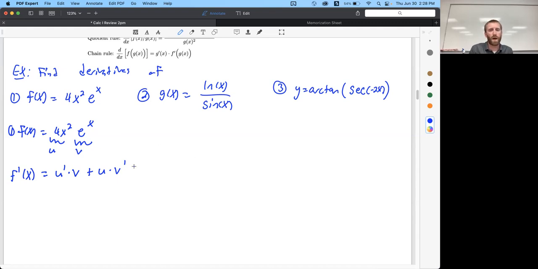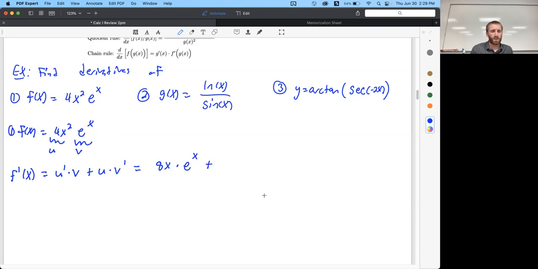So using the power rule for this one, well, the 4 is a constant, it just kind of hangs around for the ride. For x squared, the 2 comes down, multiplies by the 4 to get 8 times x times e to the x.